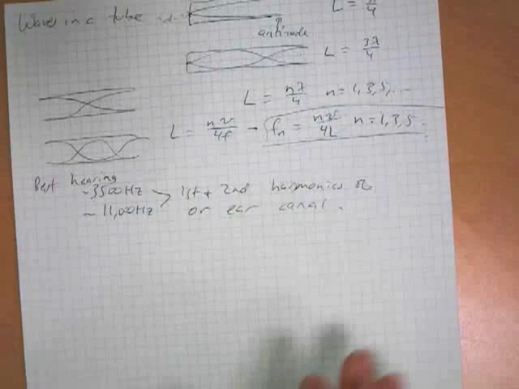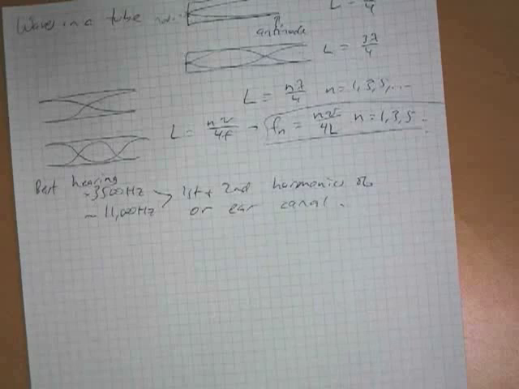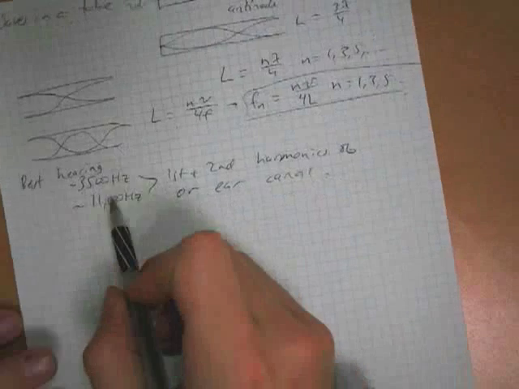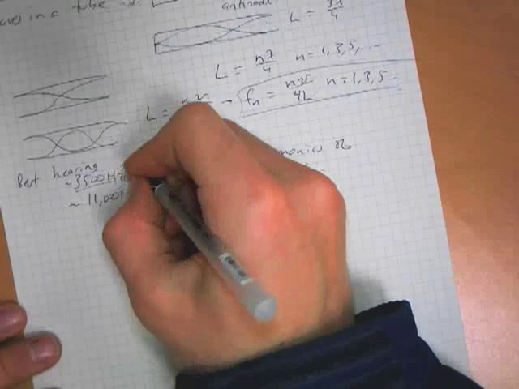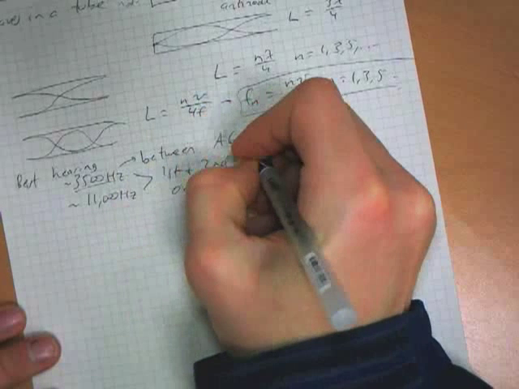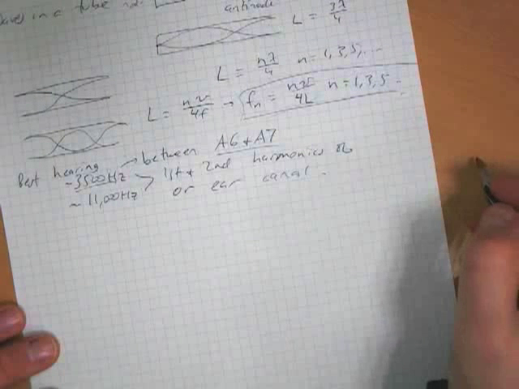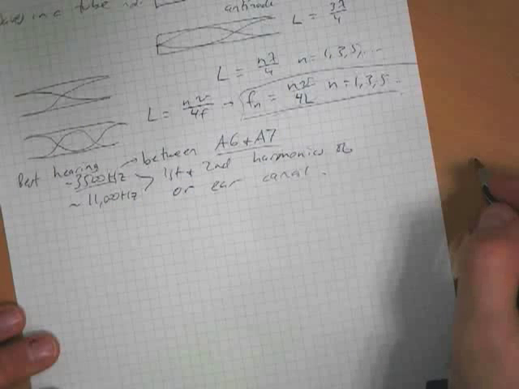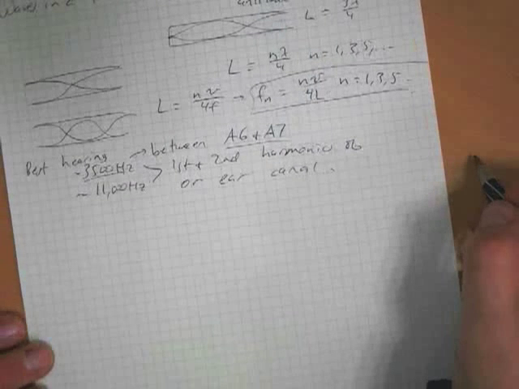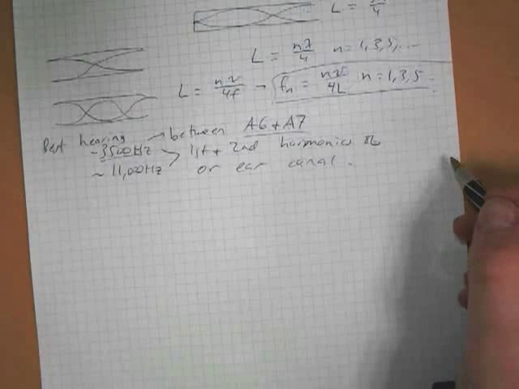So sounds around those frequencies are the ones we're most able to hear. I looked it up, 3,500 hertz is between A6 and A7, which apparently should mean something to music people. It doesn't mean anything to me, but I guess that could help you out if you know what A6 and A7 are.